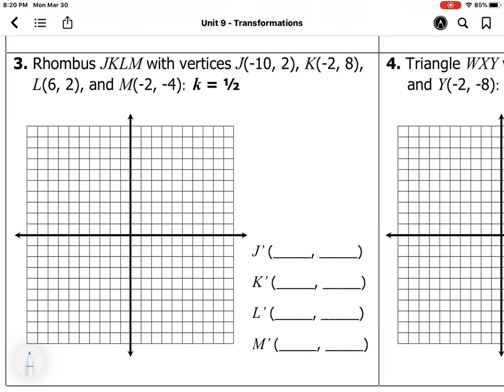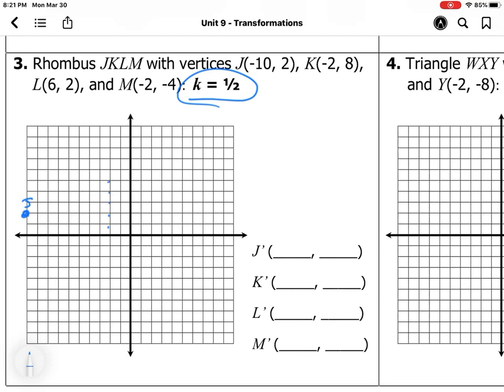So since this scale factor is less than 1, we should expect that the image will be smaller than the pre-image. Just for a visual representation, let's graph our pre-image. We have J at (-10, 2). K at (-2, 8).